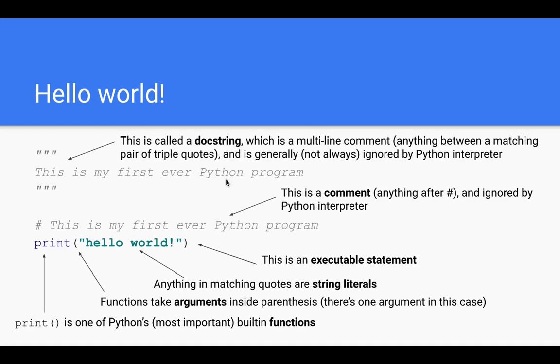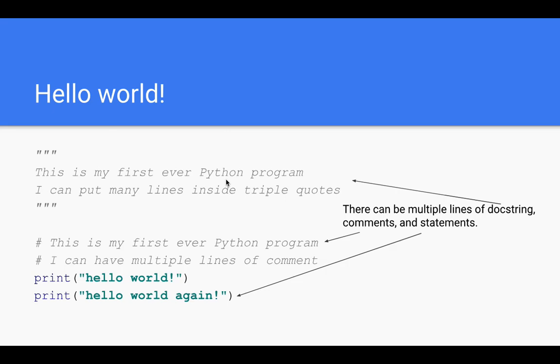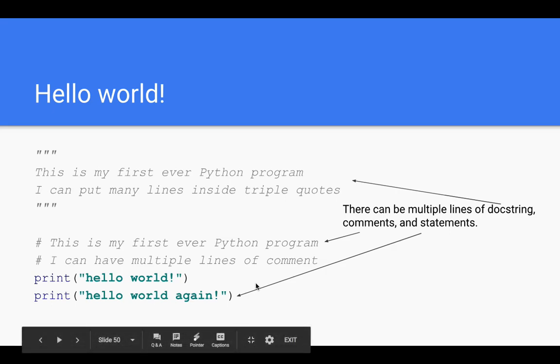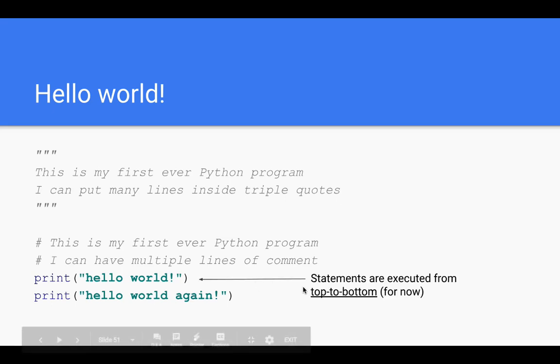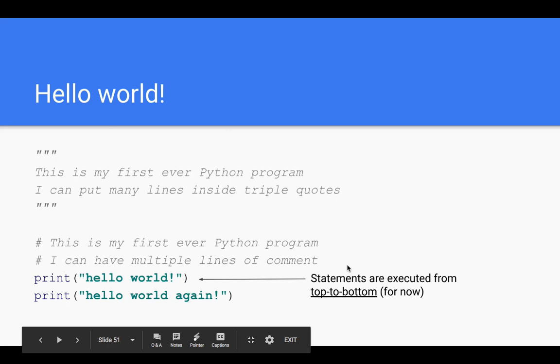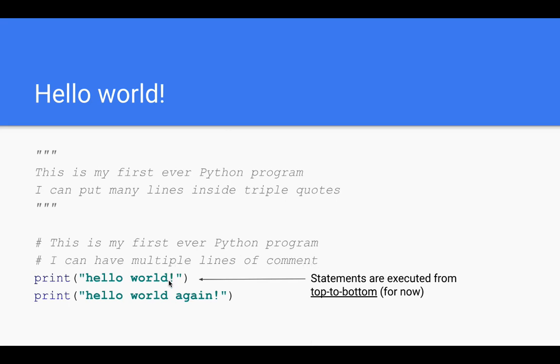Hopefully I have everything. Yes, there are multiple lines of docstring, multiple lines of comments, and multiple lines of statements. For now, the statements are executed from top to bottom. That will change once we get to flow control in a couple weeks.